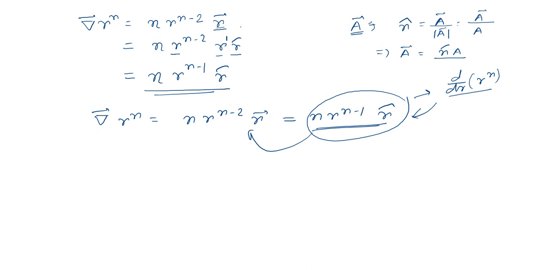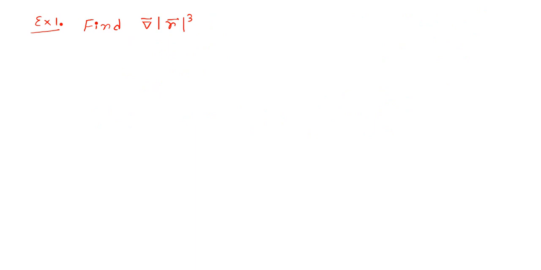So let's take one simple example based on this formula. We will take an example from here, then it will become even clearer. Okay, so let's take one simple formula. It is asked: gradient of magnitude of r to the power 3. So it is simple.